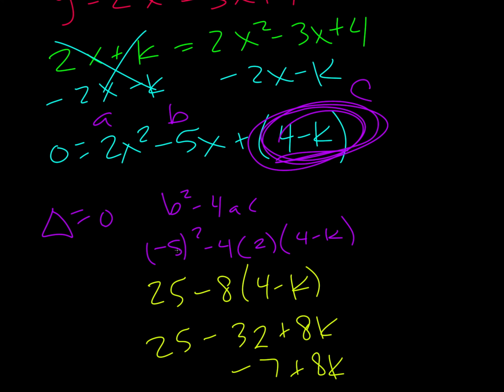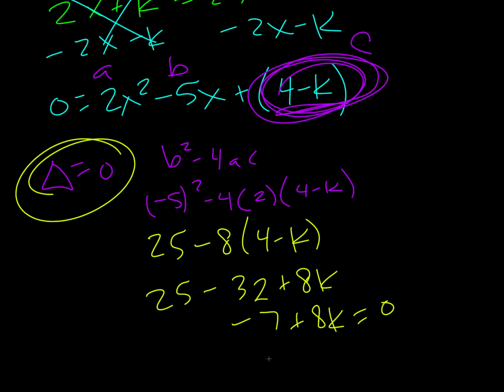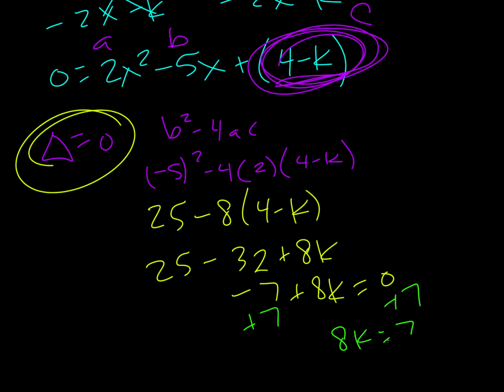And we set the discriminant equal to 0, right? Because there's that. And we just add 7. 8k equals 7. Divide by 8. Divide by 8. So k is equal to 7/8.